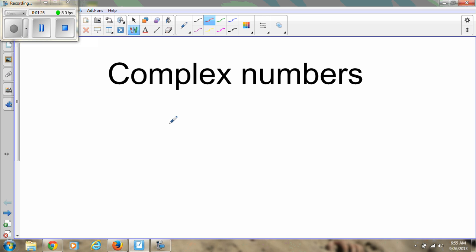Complex numbers take the form a + bi, where a is a real number, and we call that the real number part.